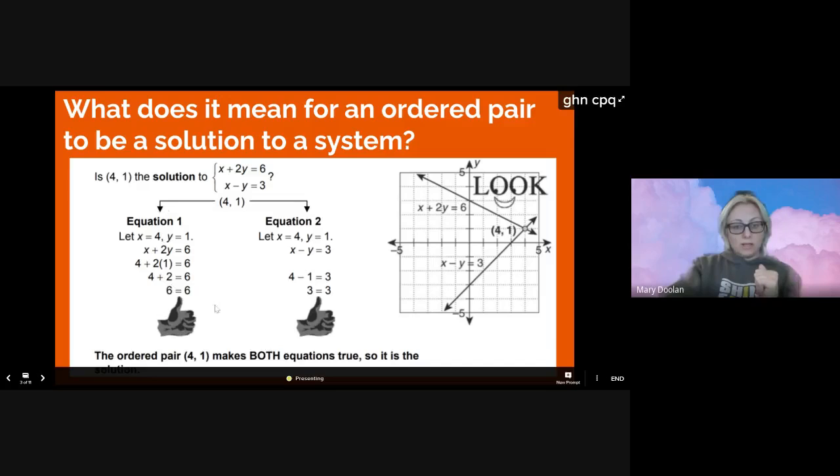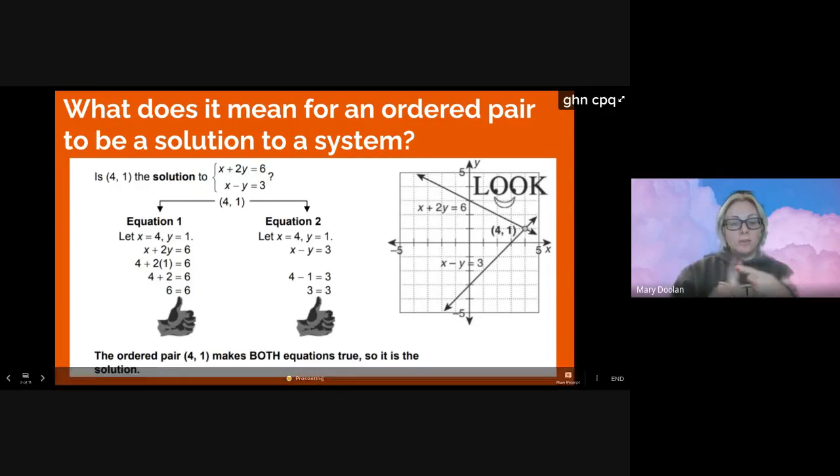This is algebraic. Now, what we're going to look at today as well is graphing. Okay, we know how to graph equations in the coordinate plane. If I have an equation like x plus 2y equals 6, and I want to graph it, well, there's lots of ways to graph an equation.